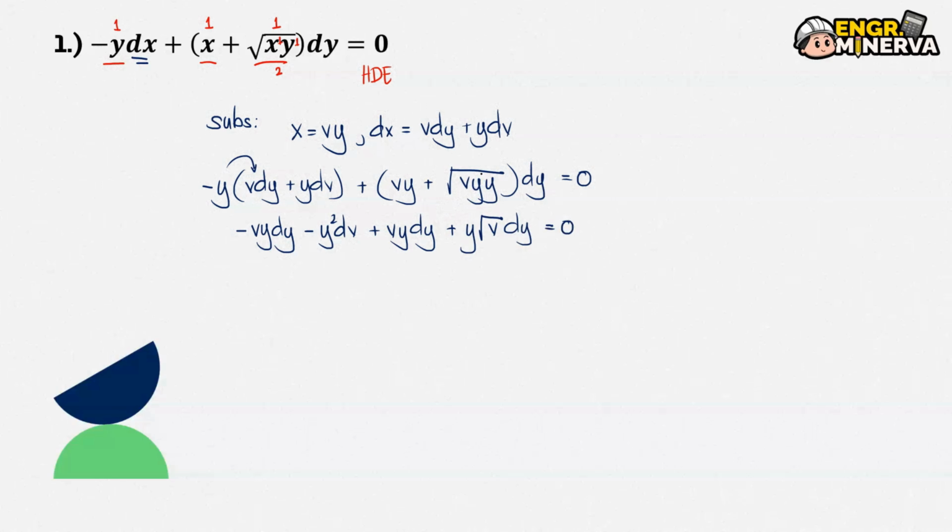With this term, we can combine or eliminate the vy dy. Our simplified equation is negative y squared dv plus y square root of v dy equals 0. As we can see, this is now a variable separable differential equation.